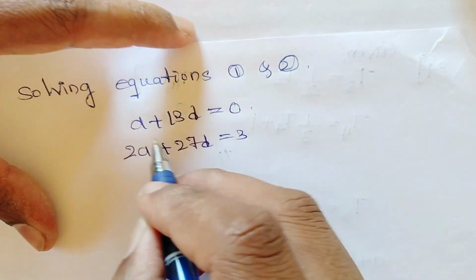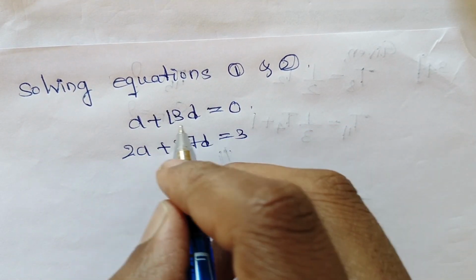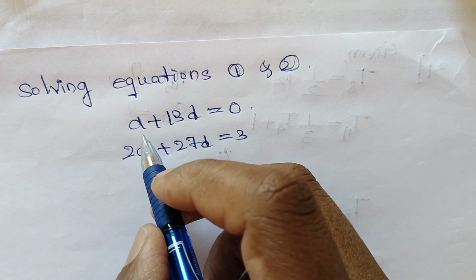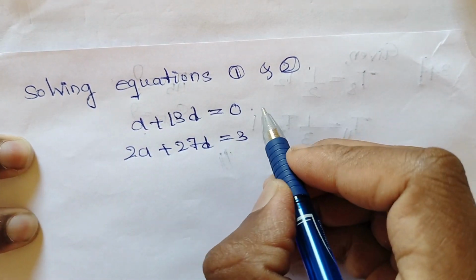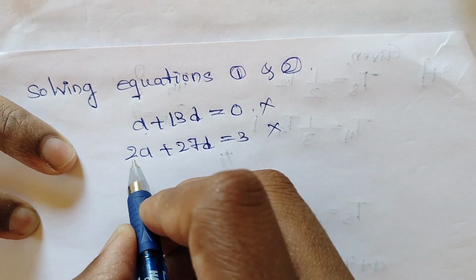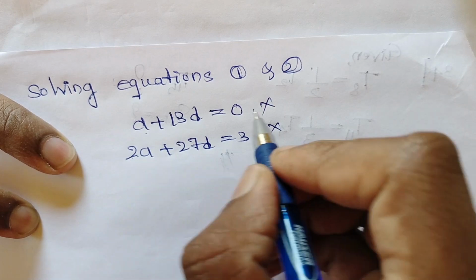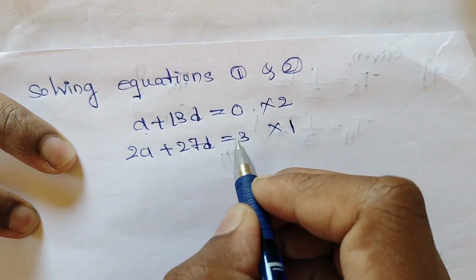Here none of the terms involving a and d are similar in both equations, so we can make one of them similar by multiplying equation 1 by 2.